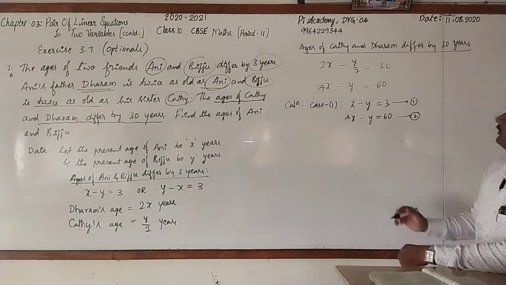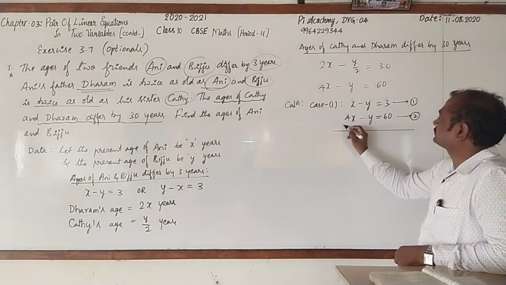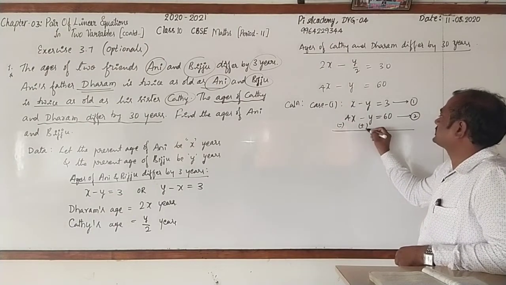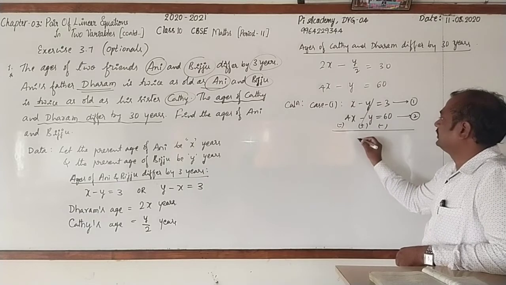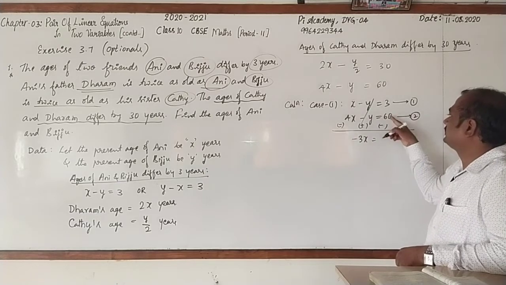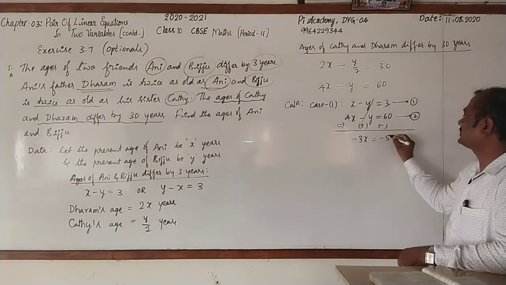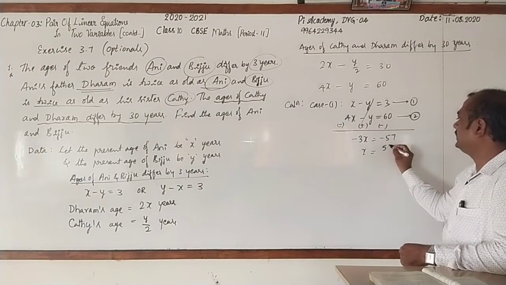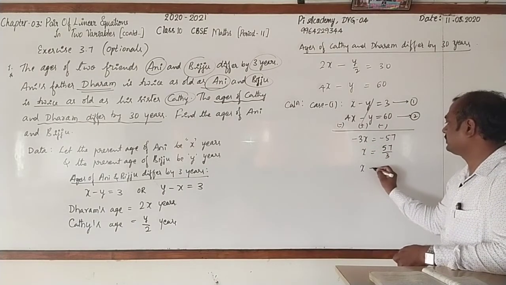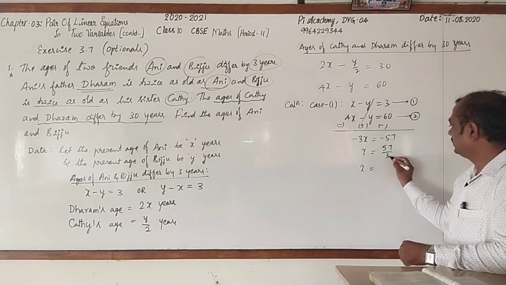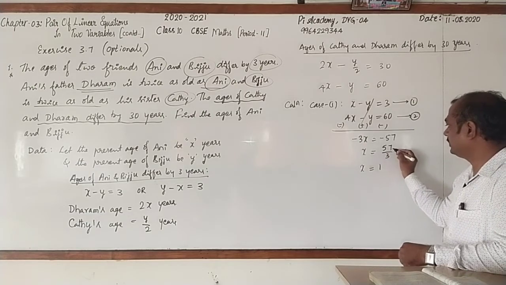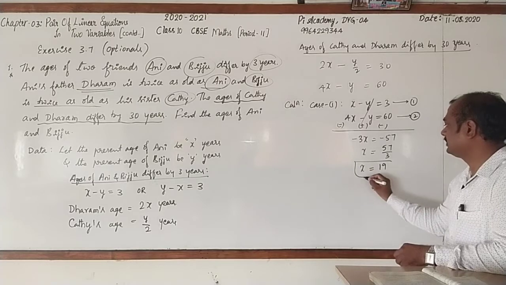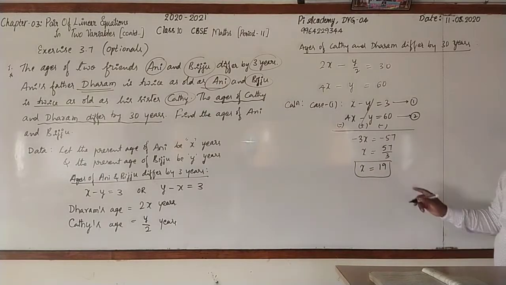Go for solving. Here minus plus minus get cancelled. It is minus 3x, 3 minus 60, it is minus 57, x equal to, minus minus get cancelled, 57 by 3. x equal to how much will it be? 3 1s are 3, 2 will remain, 27, 3 9s are, x equal to 19.